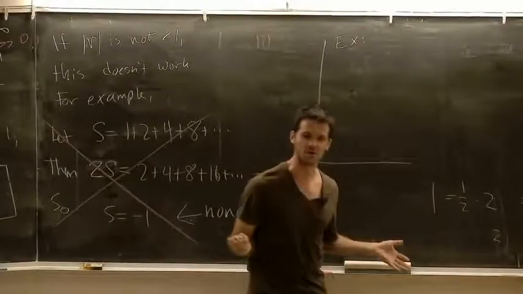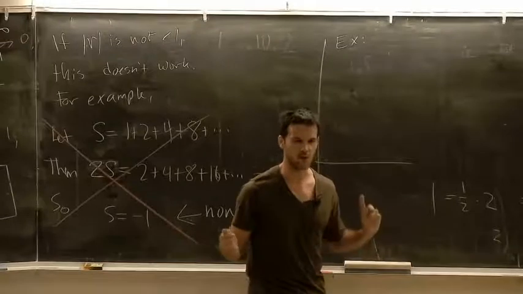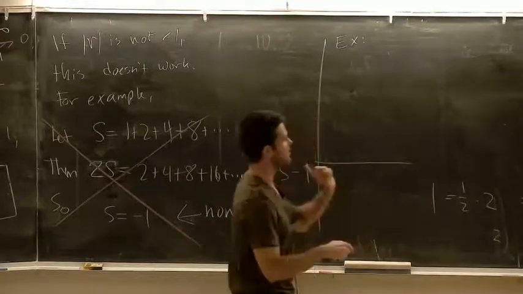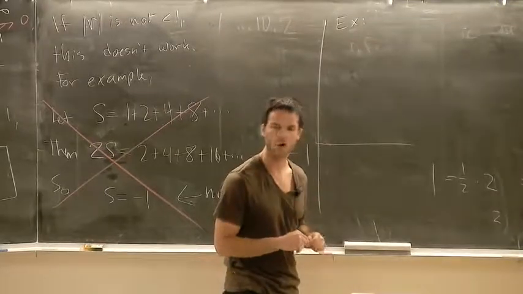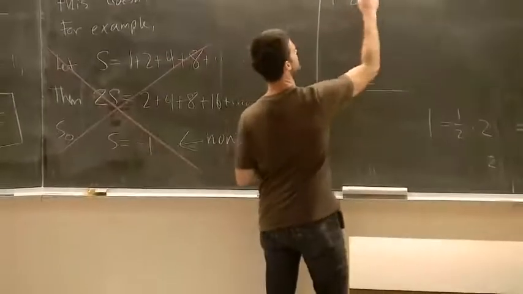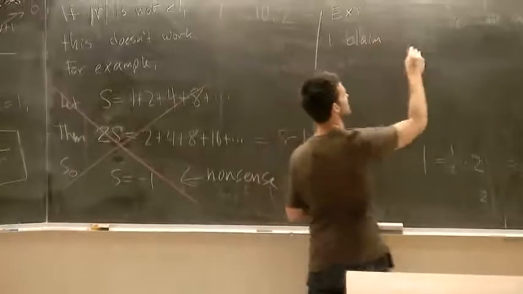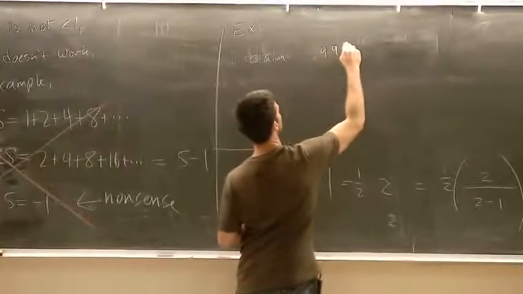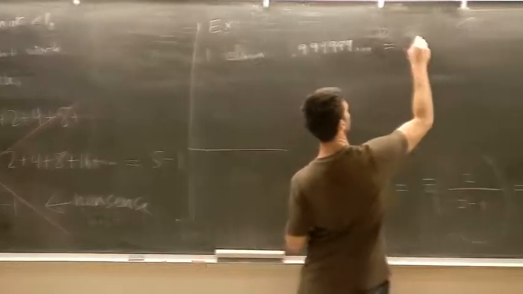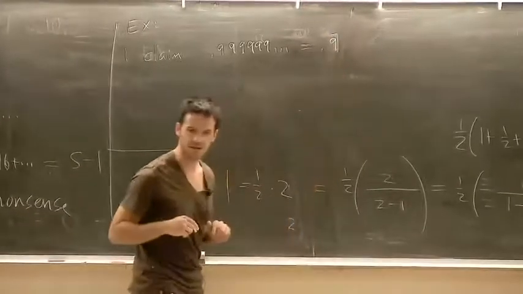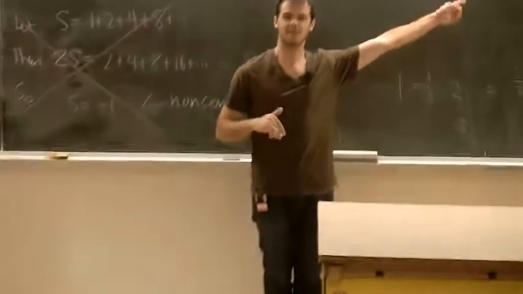So everyone knows that the number 1 is the number 1 is the number 1. I have another way to write the number 1 for you. I claim that the decimal 0.999999, which is sometimes abbreviated as 0.9 repeating, is the same thing as 1.